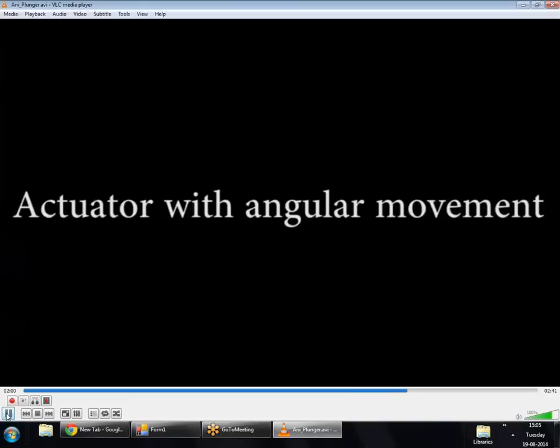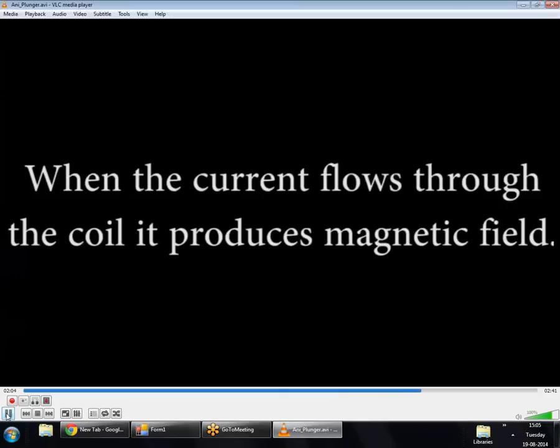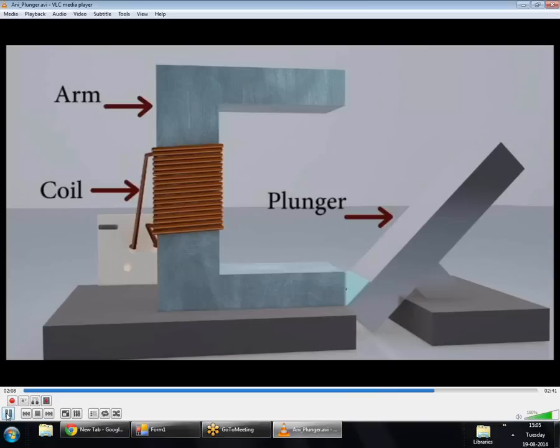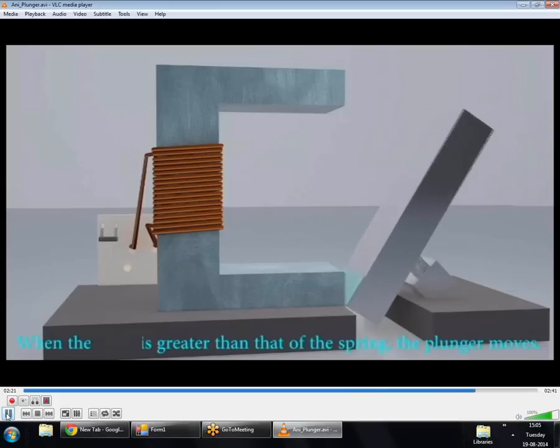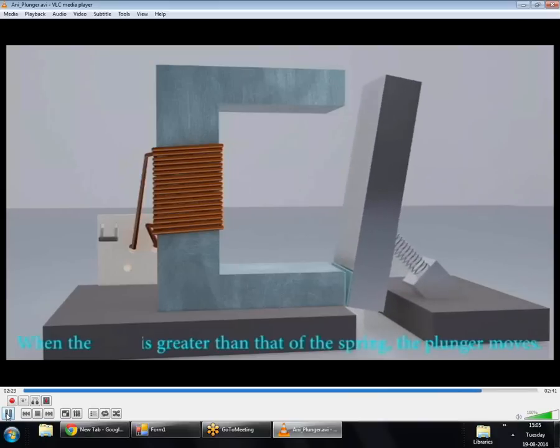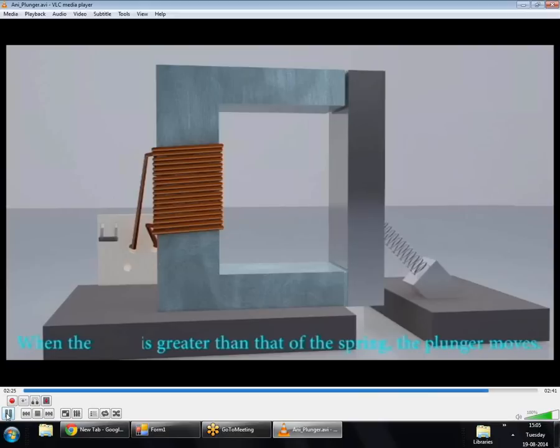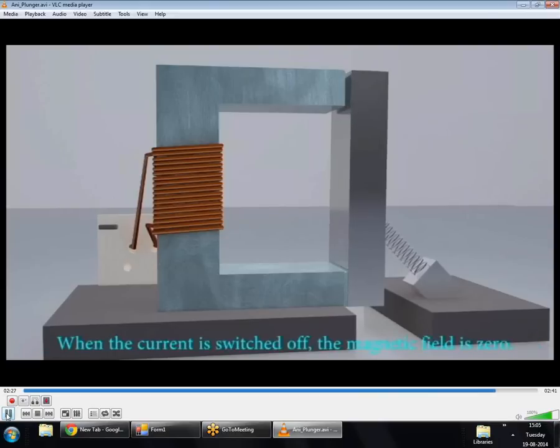Similar to the previous case, this is also a singly excited system because we have one coil. Then we have another mechanism, which is also a singly excited system. In this case we do not have exactly a linear motion but an angular kind of movement of the plunger. As soon as we turn on the current flowing through the coil, the plunger would be pulled towards it and close.